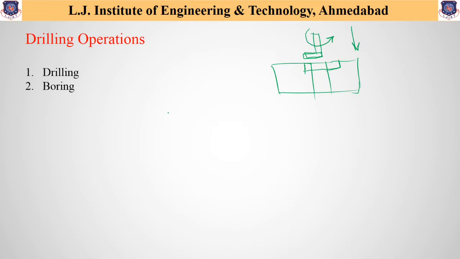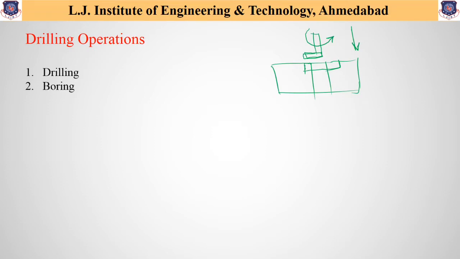So the difference between drilling and boring operation is that the drilling operation is used to generate the hole in the component, whereas the boring operation is used to enlarge the hole in the component. That means the boring operation can be done on already existing holes.